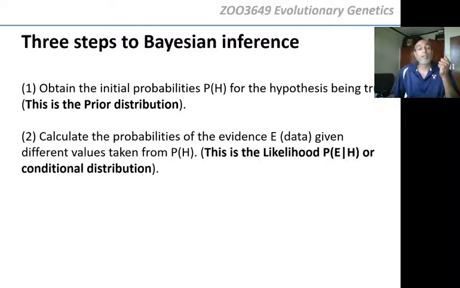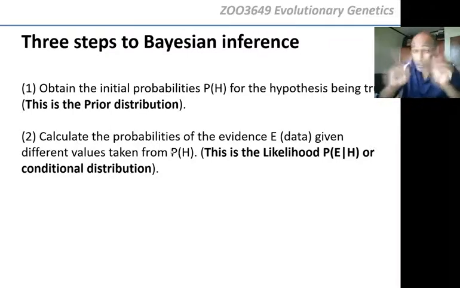Then we calculate the probability of the evidence given the different values from the prior. So this is the likelihood. The first step is to figure out what your prior information is. The second step is to calculate the likelihood given the prior information.